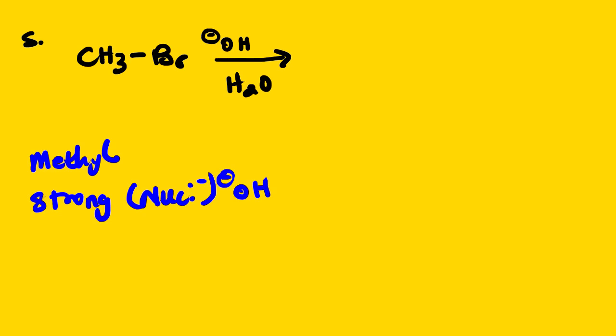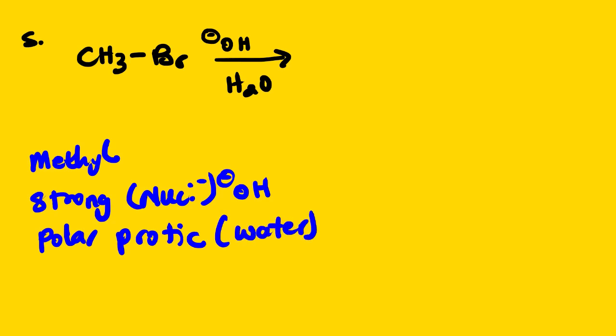We look at the solvent. It's polar protic, because you can see that it's H2O, it's water. Looking at the leaving group, which is Br, it's a good leaving group.